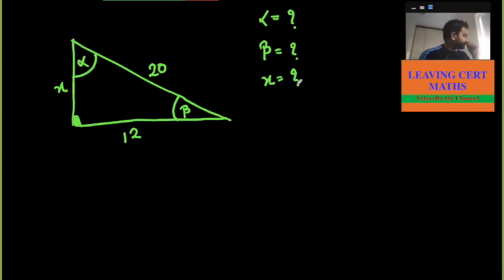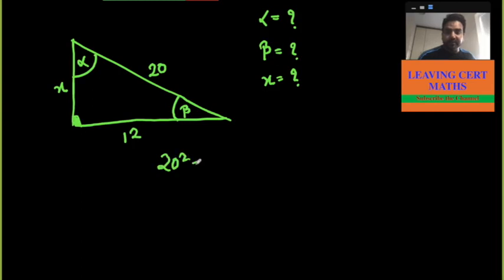So 400 equals 144 plus x squared, and then you do 400 minus 144, which is 256, so x squared equals 256. So x equals 16. Yes, that's right. You have done correctly.